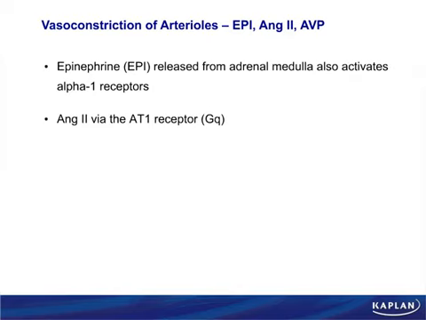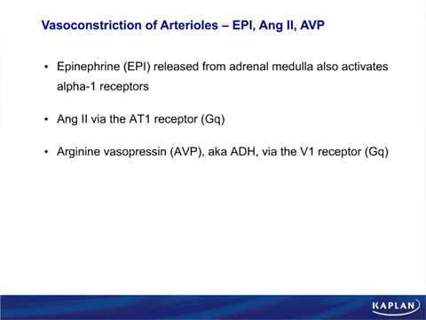Next is arginine vasopressin, which is also known as antidiuretic hormone. So arginine vasopressin, AVP or antidiuretic hormone ADH, can bind to vascular V1 receptors. Again, Gq, you're starting to see a theme here. Alpha-1, AT1, V1, the 1s, Gq.